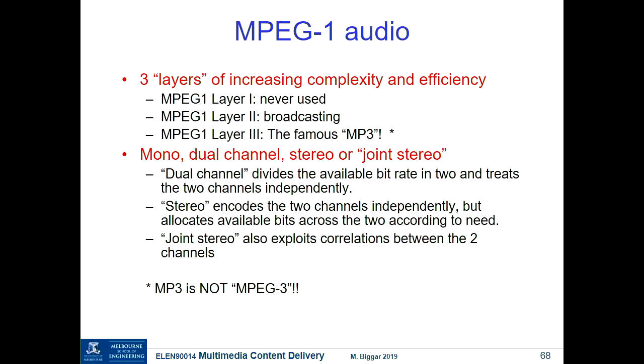The MPEG-1 layer 2, though, was very successful and was adopted quite early for broadcasting. So MPEG-1 layer 2 is still broadcast, in fact, on our digital TV services here. The audio track that's associated with the video is MPEG-1 layer 2. Then there was a much more complex solution, the MPEG-1 layer 3, which was unused for quite a long time, for many years, because it was just too complex.